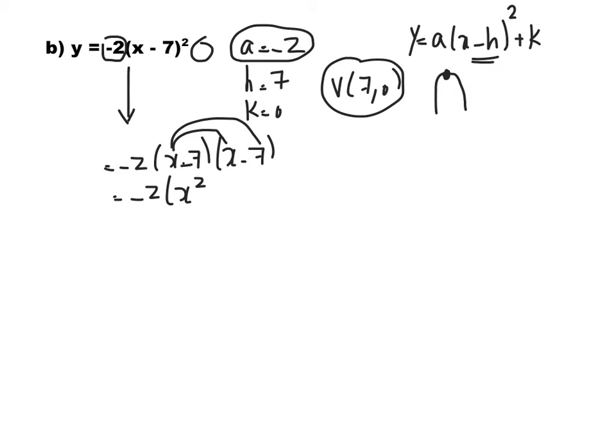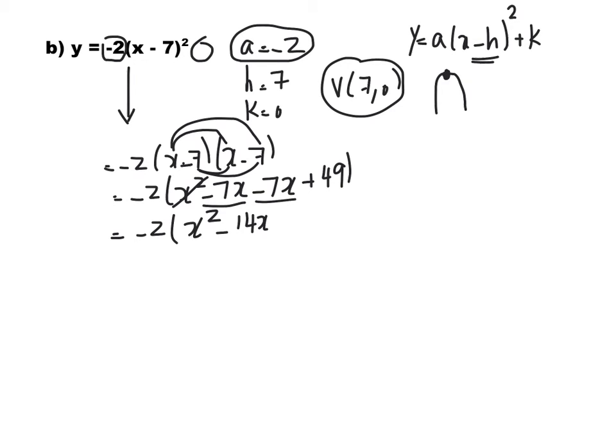X times negative 7 gives me negative 7x. Negative 7 times x gives me negative 7x. And negative 7 times negative 7 gives me 49. Negative times negative is positive. Now I get, there is no like term to x squared, so it's x squared. Negative 7x and negative 7x are like terms, so I get negative 14x and then plus 49.